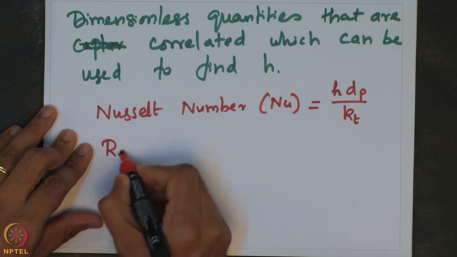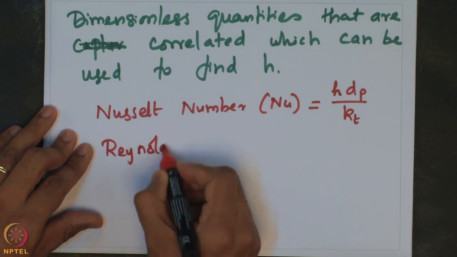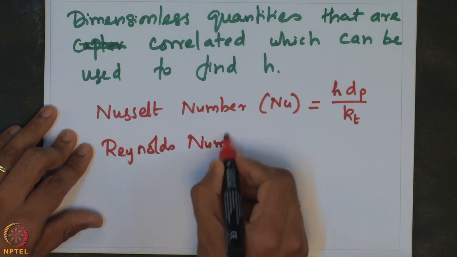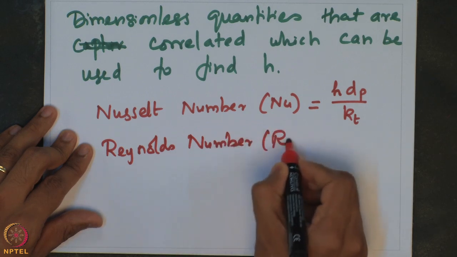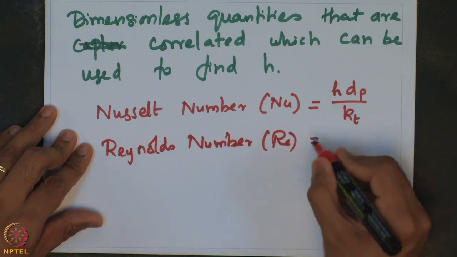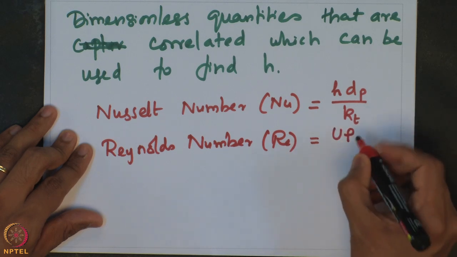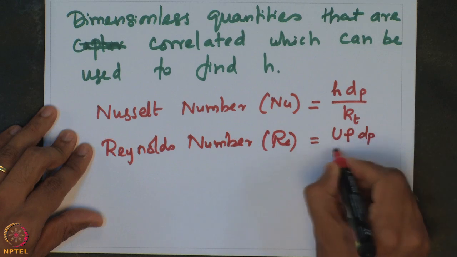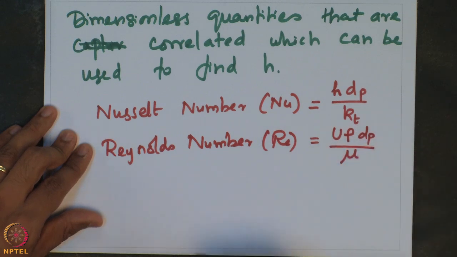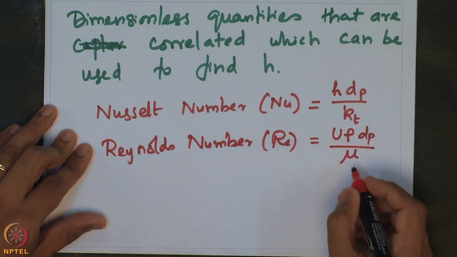And then another dimensionless number is the Reynolds number, which characterizes the flow of the fluid past the object, given by the velocity u and density of the fluid multiplied by the particle diameter divided by the viscosity of the fluid.